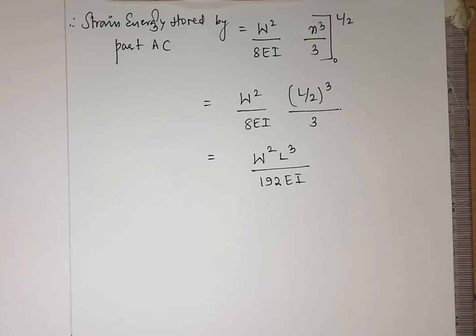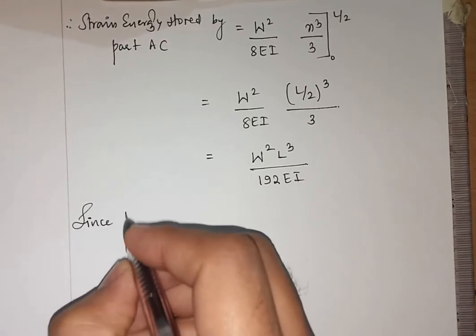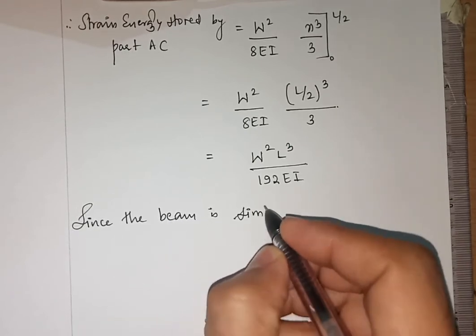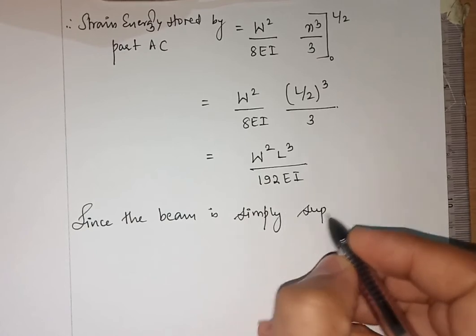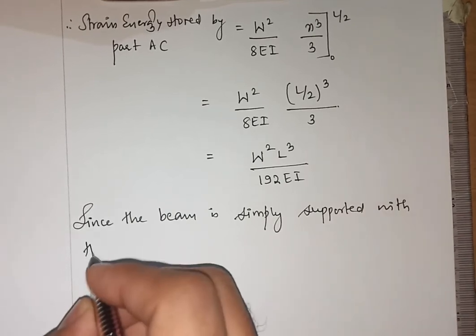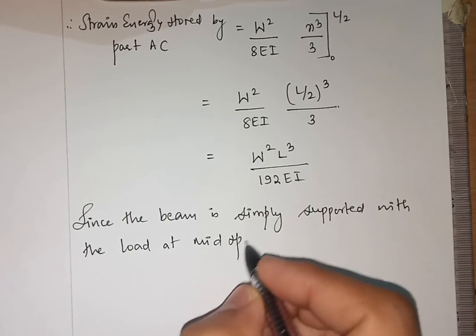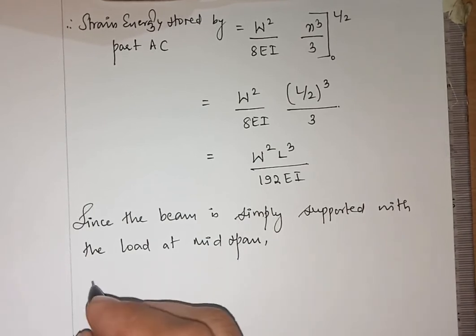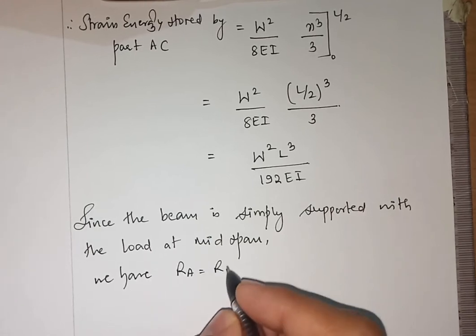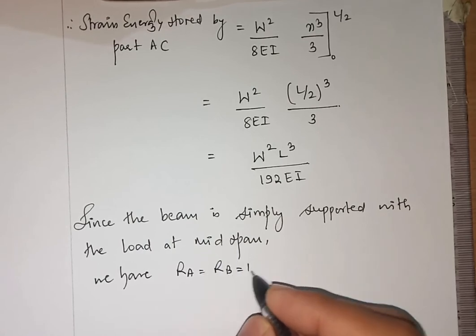Now we know that since the beam is simply supported with the load at midspan, we have RA equal to RB, and both will be equal to W by 2.